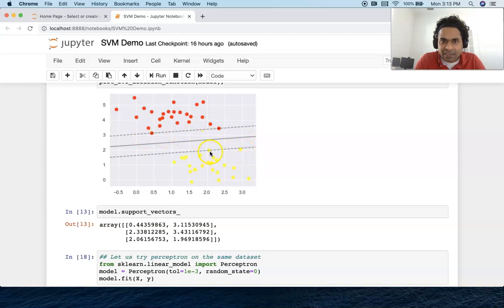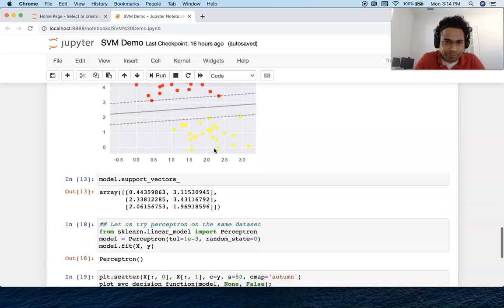And this is the third support vector, which is 2.06, 1.96. So it's just below the two lines. This one is just below the line, so this is not actually a separating hyperplane. So there are three support vectors in this data set.